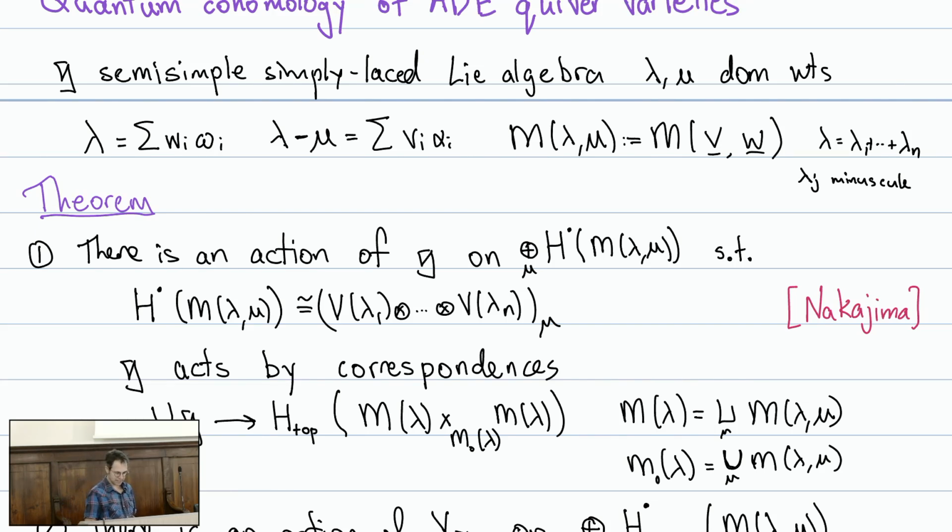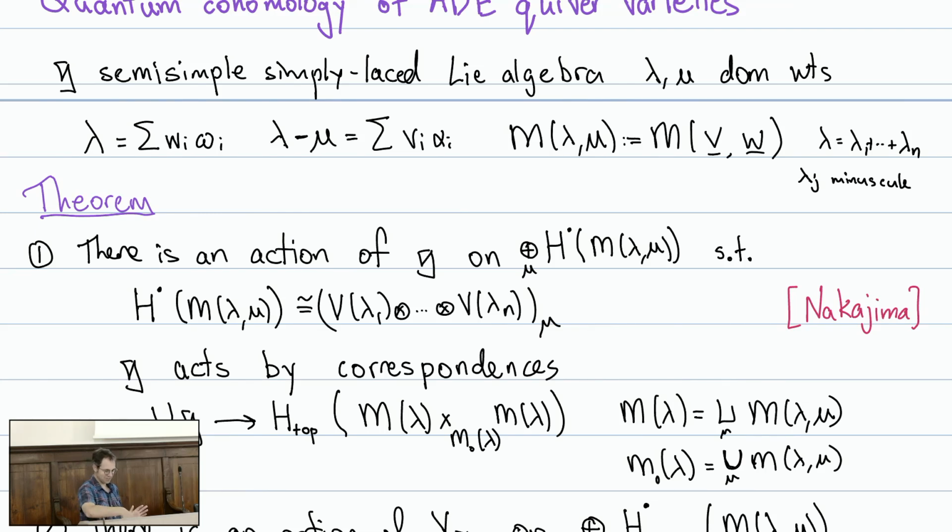Another way of phrasing it, and this is already in Nakajima's work, is that there's a map from the universal enveloping algebra to this Steinberg algebra, the homology of the Steinberg variety. But the action of G will change the mu, right? Because mu is a weight space for G. So when you act by some generators, E_i, F_i of G, it'll change weight spaces.